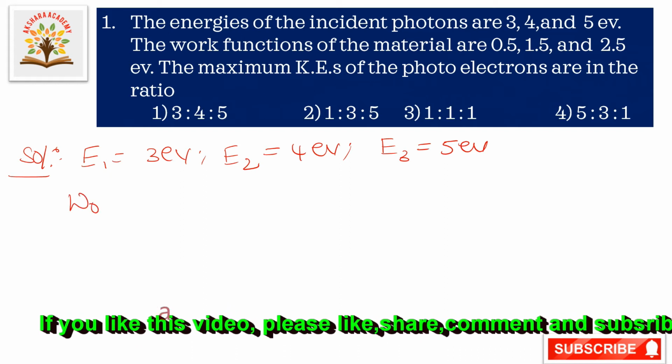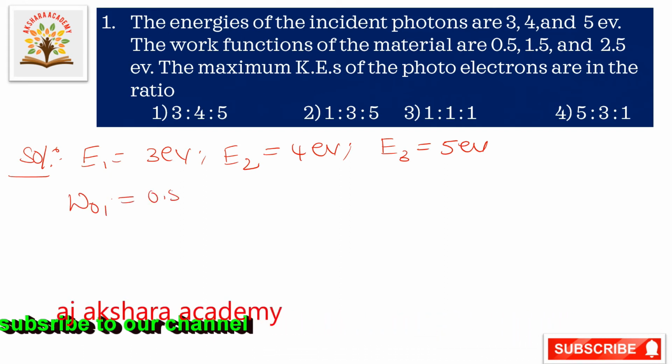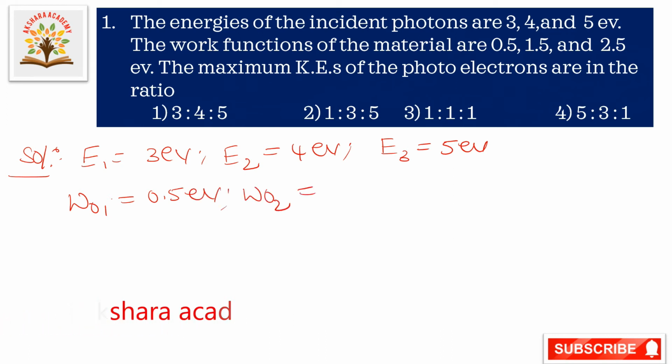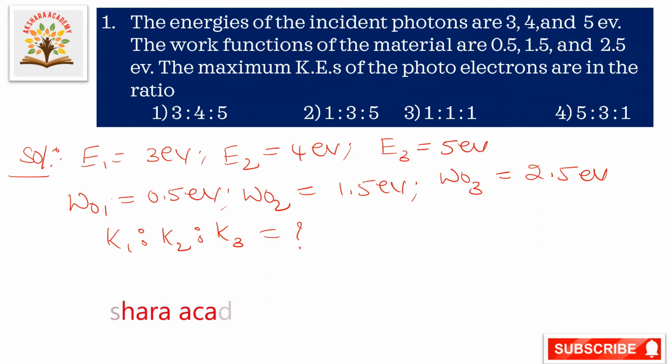The work function of the first one is 0.5 electron volts, of the second one 1.5 electron volts, and of the third one 2.5 electron volts. We have to calculate the ratio of kinetic energies, K1 is to K2 is to K3.